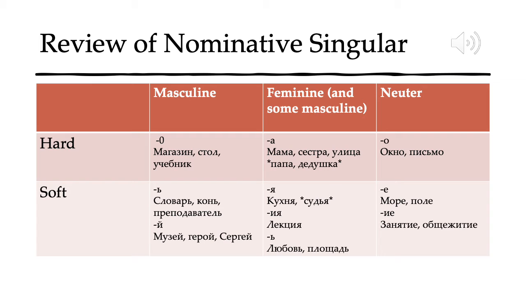And then finally, we have neuter nouns that in the nominative singular are going to end either in о if they are hard stem, like окно or письмо, or е if they're soft stem, like море and поле. We also have this group that ends in ие, like занятие and общежитие, that are also soft stem neuter nouns. So that is a brief review of the nominative singular.